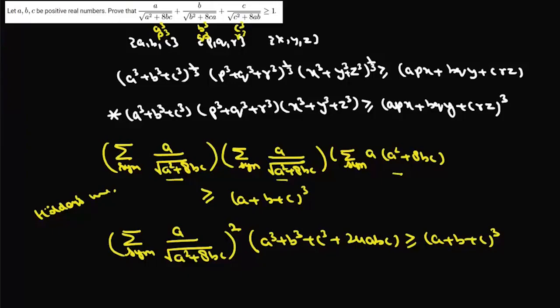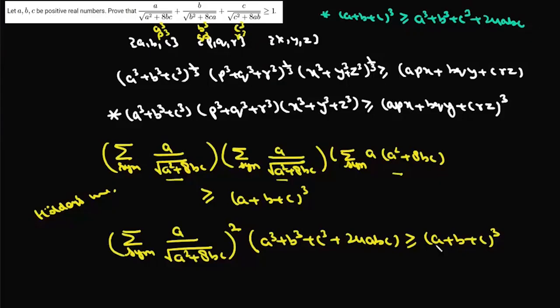Now we have this one standard result, which is (a plus b plus c) whole cube is always greater than or equal to a cube plus b cube plus c cube plus 24abc.